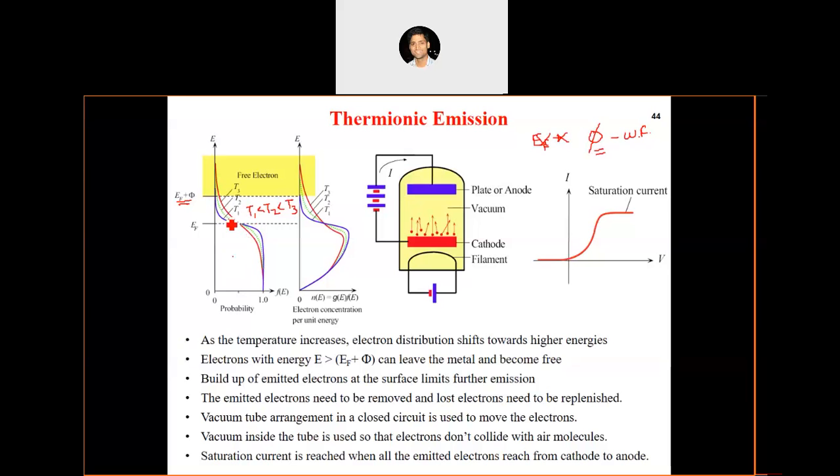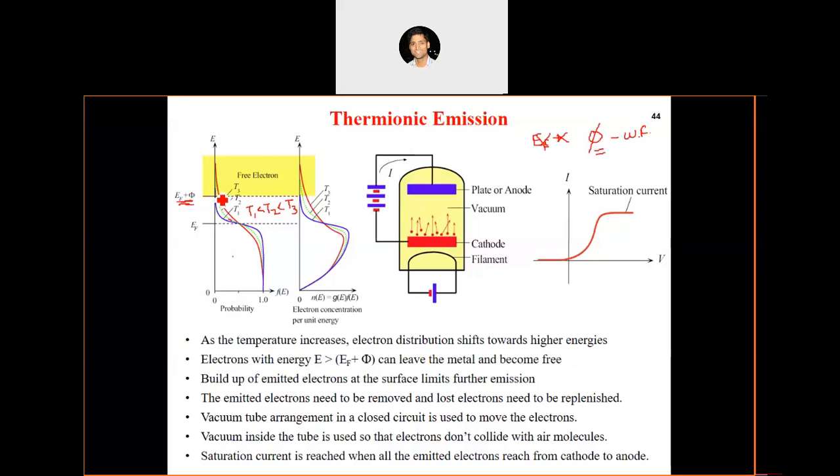From this Fermi Dirac function, what we can see is, as we increase the temperature, the electron distribution shifts towards higher energies. And as you can see here, the fraction of electrons which are above this energy level, which is EF plus phi, also increases.